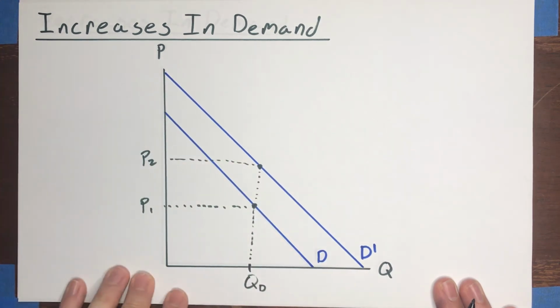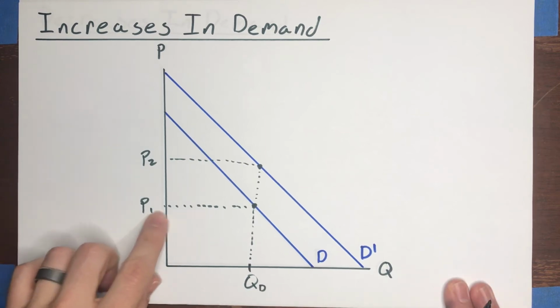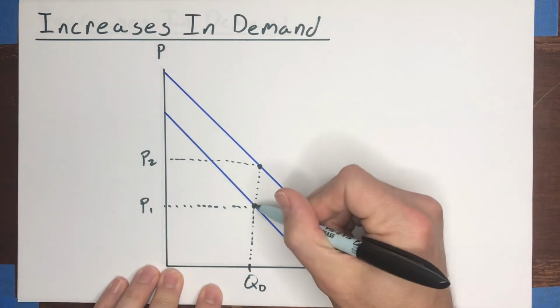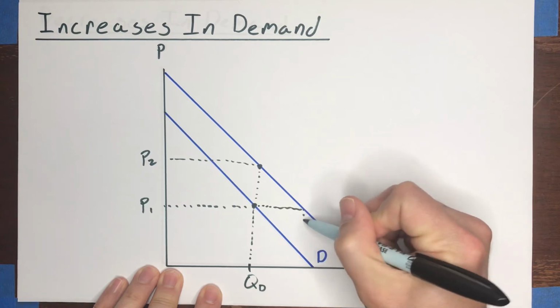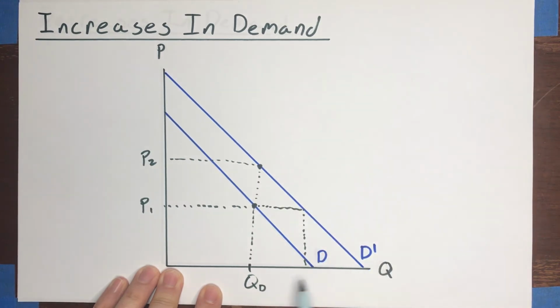The other way you could look at it is to hold the price fixed and look at the quantity of units that you could sell. So if I take this price P1, notice that it intersects these two demand curves at two different places. On the first demand curve D, the price P1 intersects at a quantity QD.